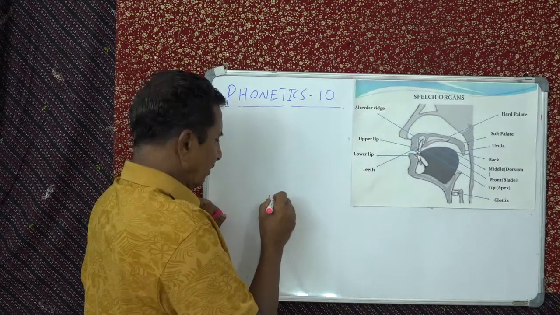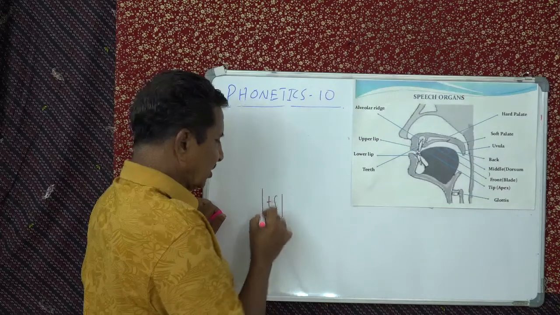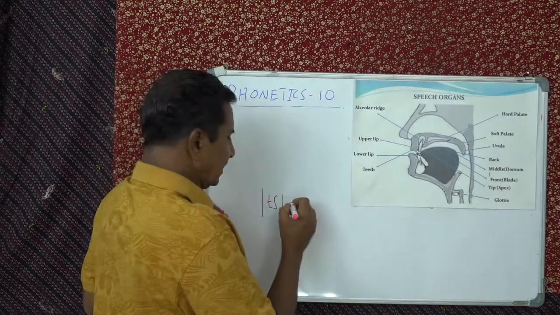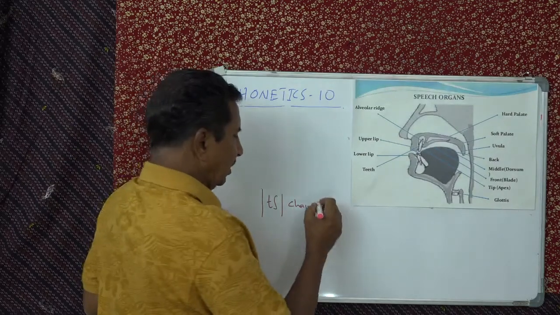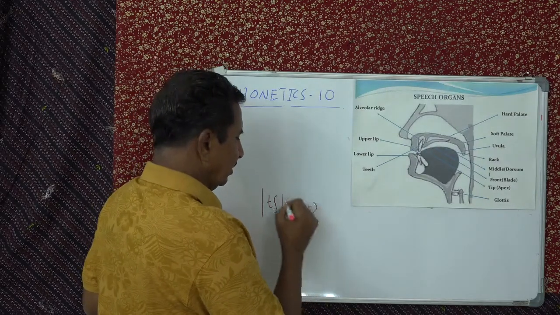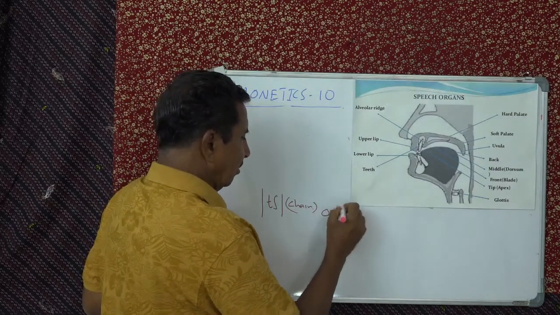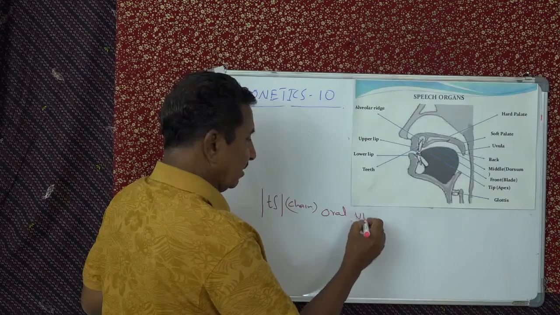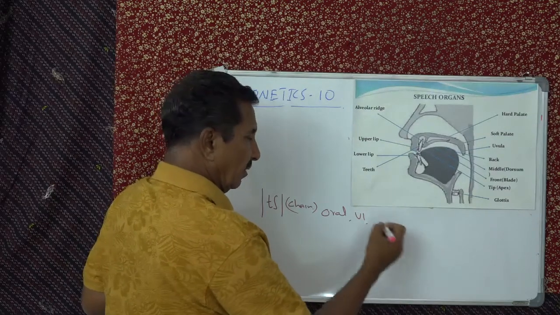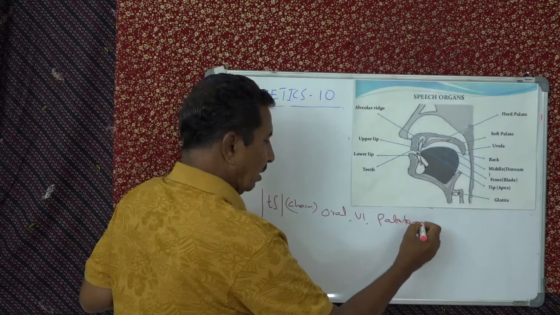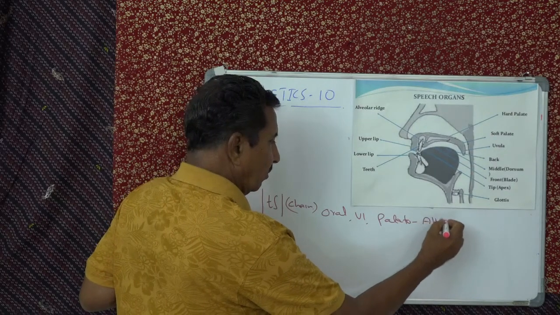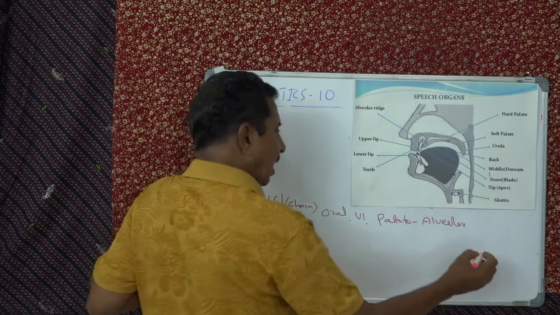How are you going to describe this? The first one, for example chain: oral, voiceless, palato-alveolar, affricate.